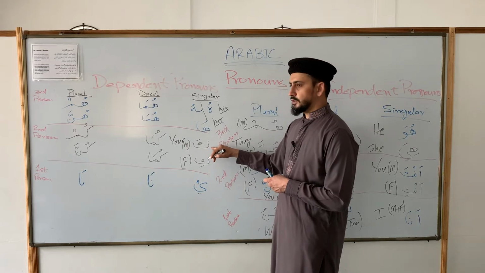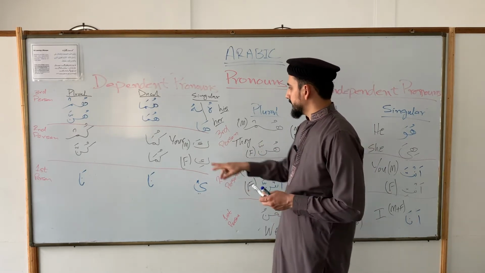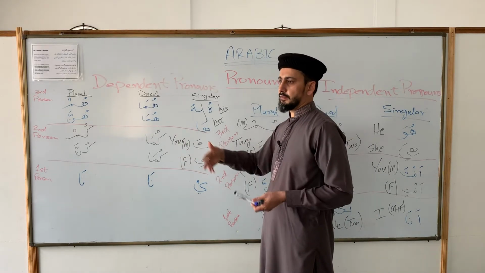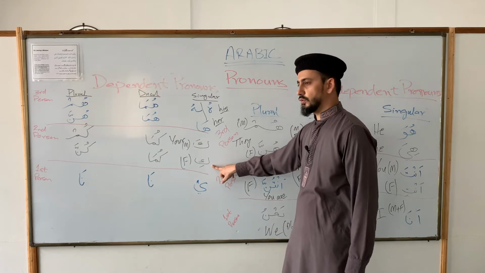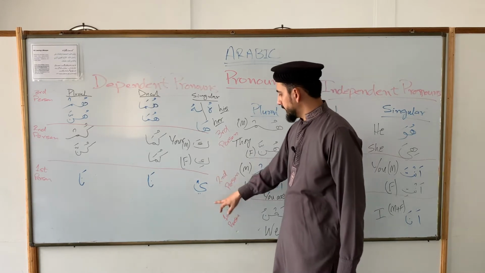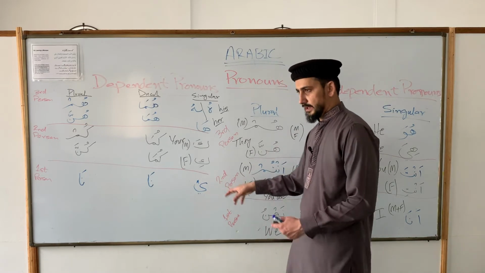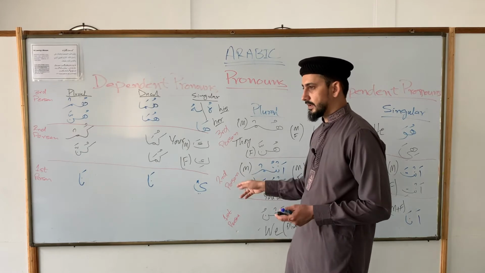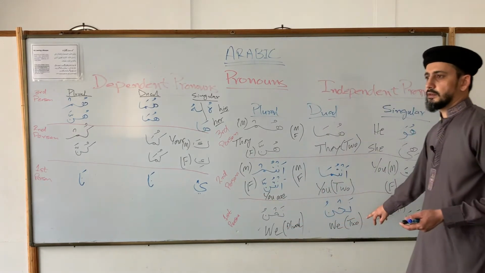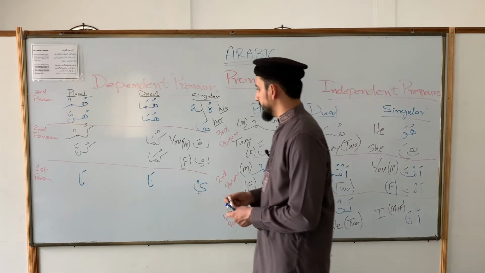But in the second person, your is used for male and female both. But in Arabic, ka is used for male and ki is used for female. And in the first person, ya is joined again for male and female, doesn't matter. Just like in the independent one, it was the same. The dependent one is the same too.